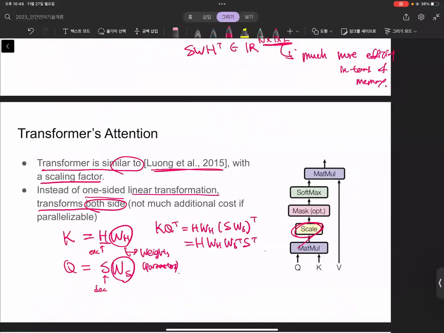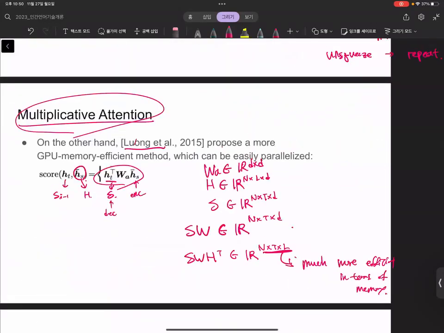And as you know, this can be treated as one W, right? There is no non-linear activation layer here. So this is basically multiplicative attention.